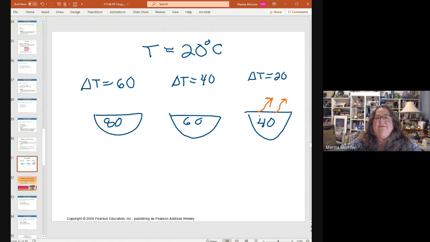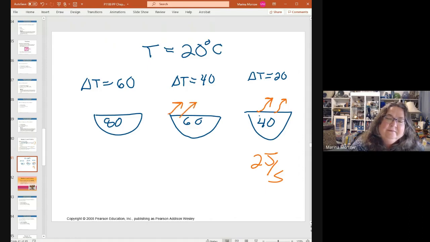Now the middle bowl has a temperature difference that's twice as much as the bowl on the right. The bowl on the right is 20 degrees difference, and it's radiating 2 joules per second. So the bowl in the middle is going to radiate at twice that rate, so it's going to radiate at 4 joules per second.